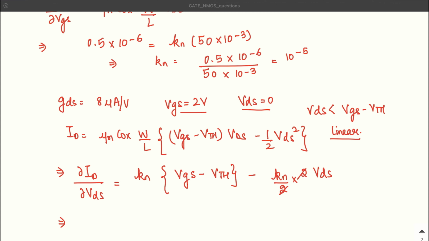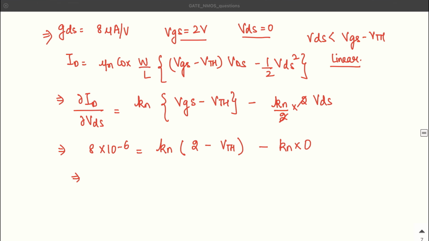Now the values given to us: GDS is equal to 8 into 10 to the power of minus 6. Kn we just calculated. VGS is given as 2. VTH is what we need to find. And VDS is given as 0.